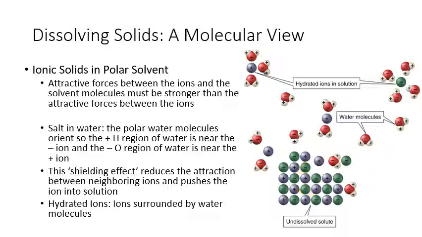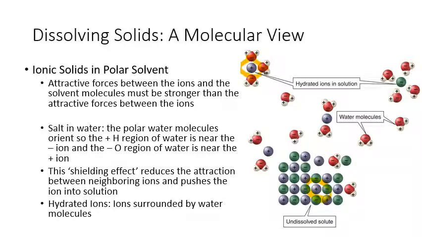And if we can overcome that interaction between those positive ions and those negative ions and put it into solution, this ionic solid will dissolve. And we do that because the water molecule has all of these negative regions around the oxygen, and those negative regions around the oxygen can surround the positive ion, just like how the positive ion in the salt was surrounded by all these negative ions in the salt molecule.